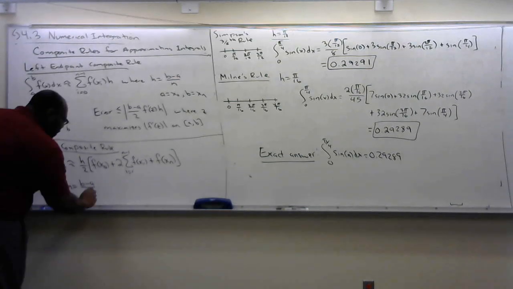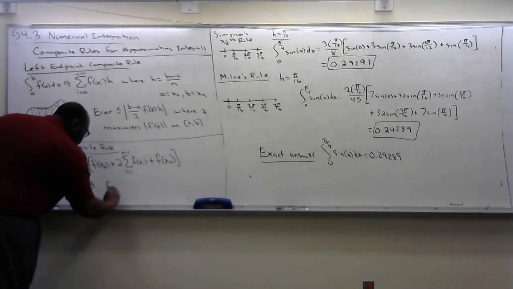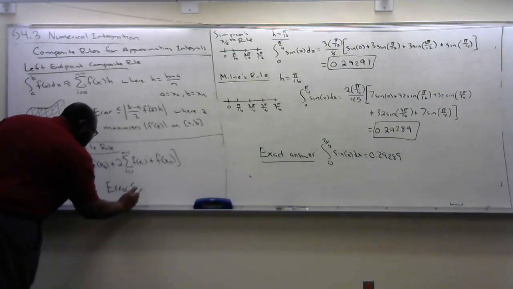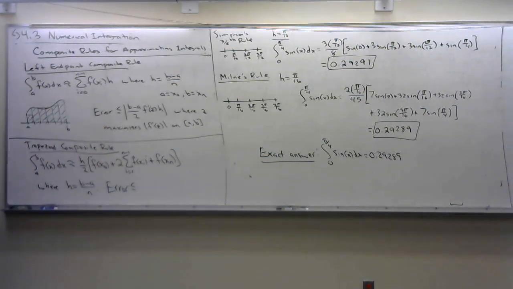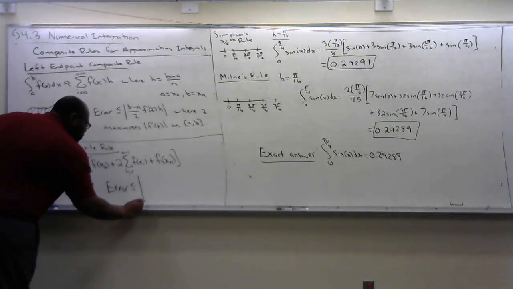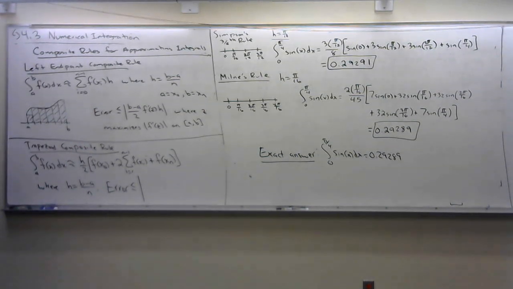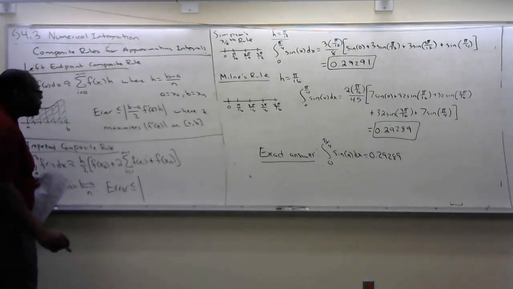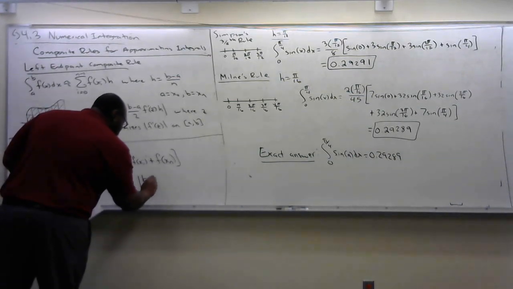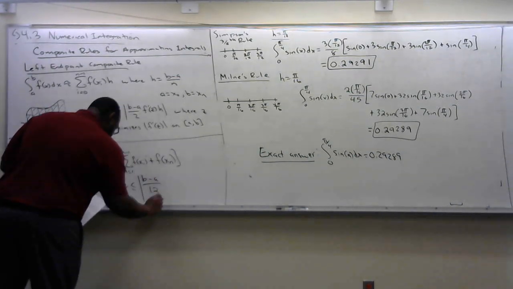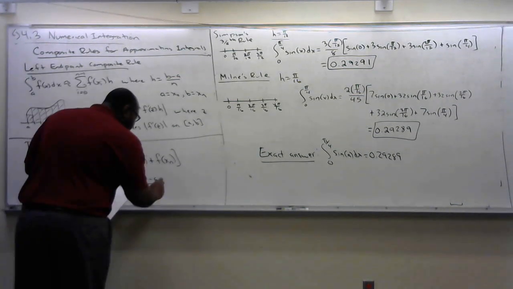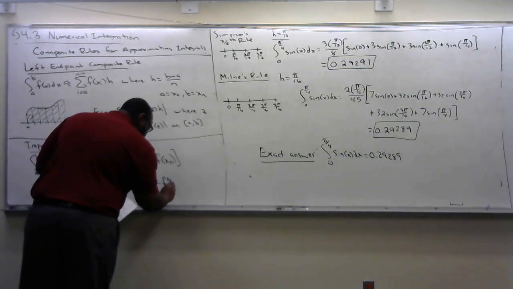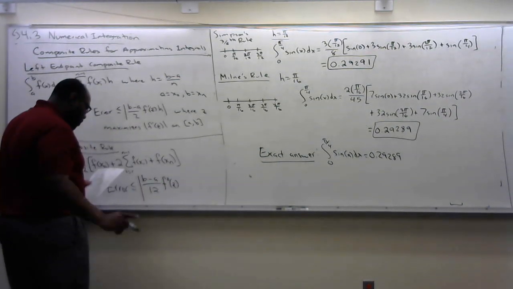And we have an error less than or equal to the absolute value of b minus a over 12 times f double prime at z times h squared.